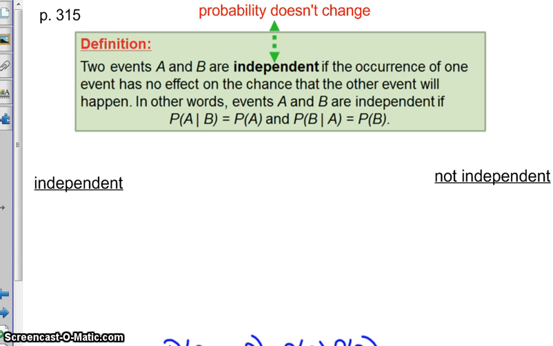All right, now we get into our idea of independence. Two events are independent if one has no effect on the other. Obviously, flipping a coin and getting heads has no effect on what happens next. Rolling a die is the same. Drawing cards is not independent.